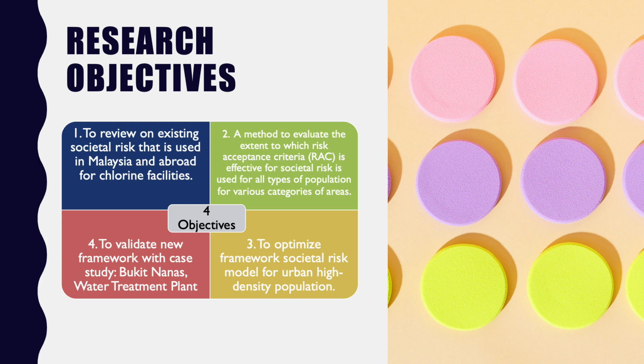And objective number 3 is to optimize a framework societal risk model for urban high density population areas. And objective number 4 is to validate the new framework with a case study, Bukit Nanas water treatment plant in Kuala Lumpur.